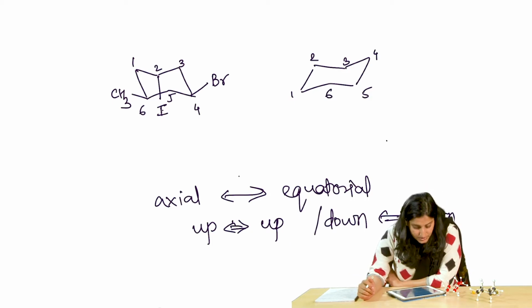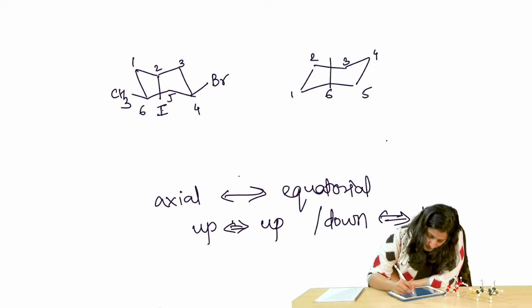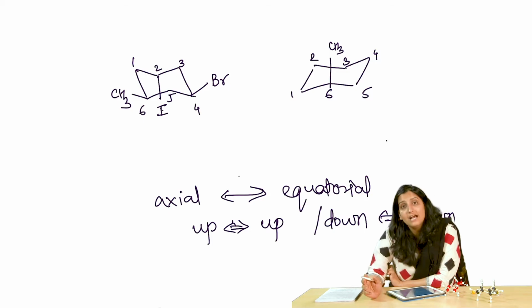Now, the sixth carbon is going equatorial up, right. So, on the chair flip, as the carbon flips, the equatorial up position will become axial up. So, on the sixth carbon, I am going to draw this axial up. On the second carbon, the iodine is going axial down, right.